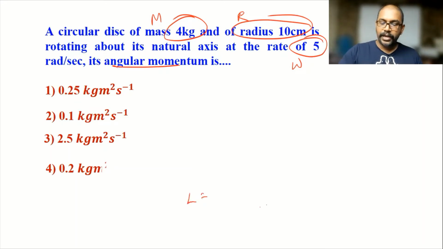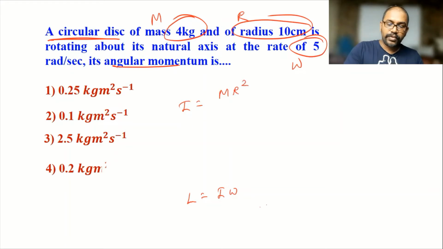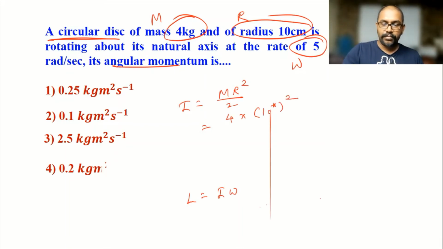So angular momentum L is equal to I omega. This is the formula. Omega is given but I is not known. Here I is the moment of inertia, and it is a circular disc. So the moment of inertia of the circular disc about its natural axis is I equal to m r square by 2. Mass is 4, radius is 10 centimeter, that means 0.1, or 10 into 10 raised to minus 2 meter, so r square is 10 raised to minus 2, divided by 2.